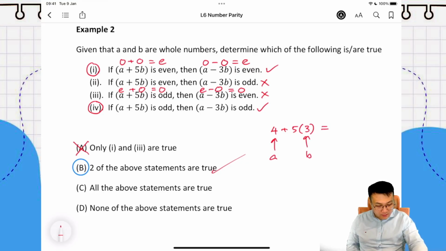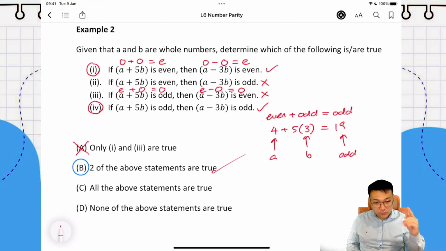What will you get? Just work it out. You will get an odd answer, right? So if A is even and B is odd, the answer should be odd. If you don't know, use real numbers. Okay?